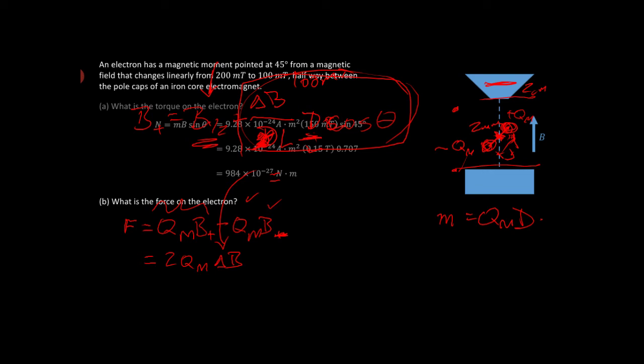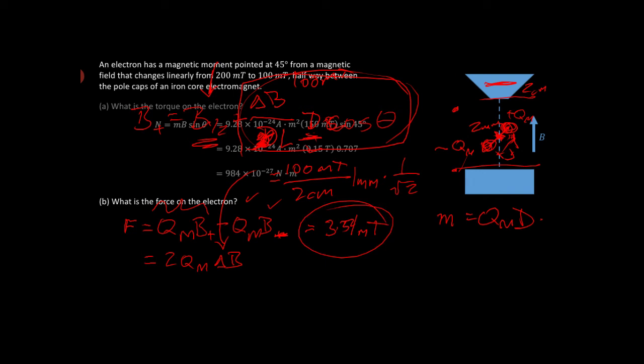So for that part, you have the difference between these, which is 100 millitesla, over this distance, which is 2 centimeters, times 1/2 of the distance between the pole caps, which is 1 millimeter, times the cosine of 45 degrees, which is 1 over the square root of 2, which is 3.54 millitesla. So that's what we need for that part.